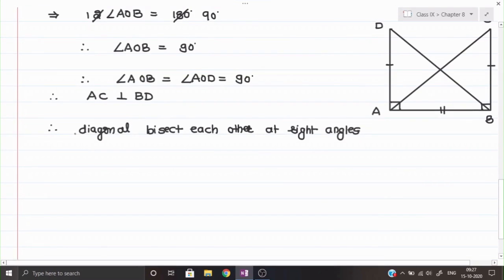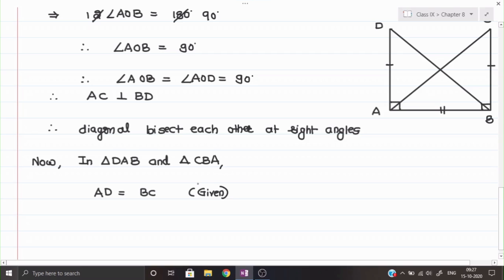So here first we shall write down, in triangle DAB and triangle CBA. First, AD is equal to BC, that is given in the question.